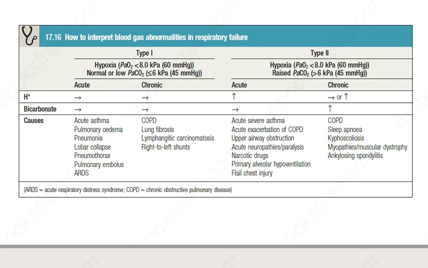How to interpret blood gas abnormalities in respiratory failure? Type 1 and type 2 respiratory failure. Type 1 is called when there is hypoxia, partial pressure of arterial oxygen less than 8 kPa or 60 mm mercury, and normal or low partial pressure of arterial carbon dioxide, that is less than or equal to 6 kPa or 45 mm mercury.